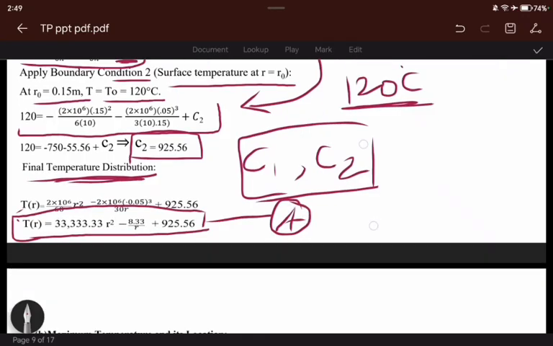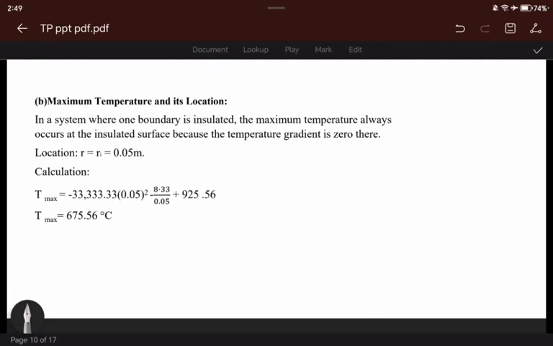temperature distribution. So now in the second part, we have to find the maximum temperature and its location. So in a system where one boundary is insulated, the maximum temperature always occurs at the insulated surface because the temperature gradient is 0. Their location is r equal to 0.05 meter. So we have to find T max, maximum, and its location.